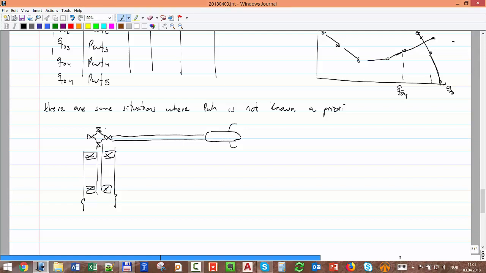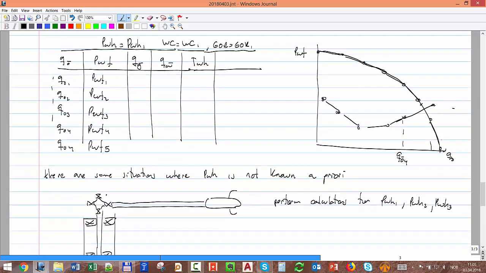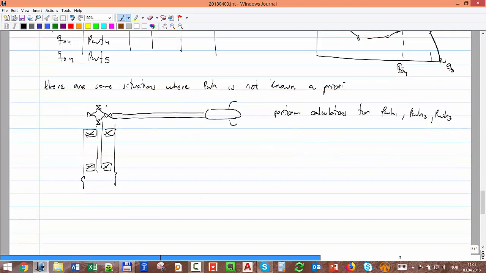In that case you don't know what the pressure is before you make the intersection. So you have to make runs to perform calculations for different P wellhead 1, P wellhead 2, because I'm not sure, and I have to assume. I have to have another table for the pipe, and I have to make the intersection to see which will be my operational point.